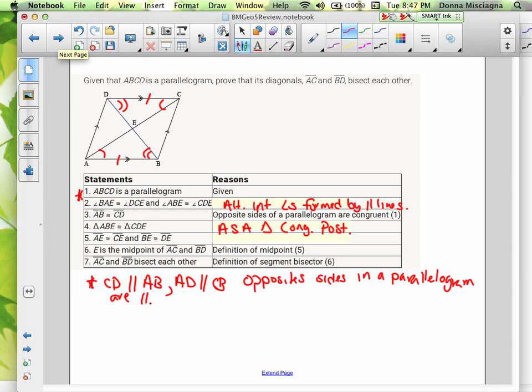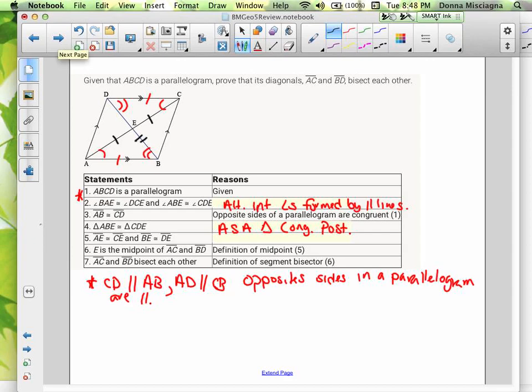And now that we know that the triangles are congruent, all their corresponding parts are congruent. And so that means that AE, that is a side in one of our triangles, is congruent to CE, the corresponding part. We can tell by the angles. And BE is congruent to DE.